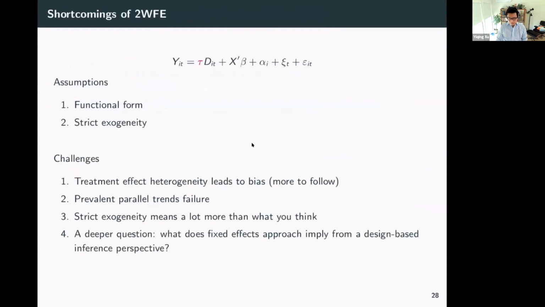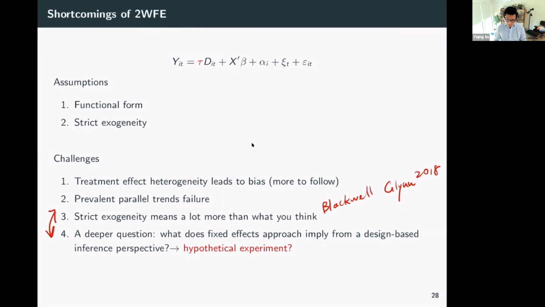Okay, so we talked about what strict exogeneity means. These 3 and 4 are very closely related. I just want to highlight the difference between strict exogeneity and sequential ignorability, especially what strict exogeneity implies in a graphical way. Blackwell and Glynn, 2018 APSR, have a nice discussion on the difference between strict exogeneity and sequential ignorability.